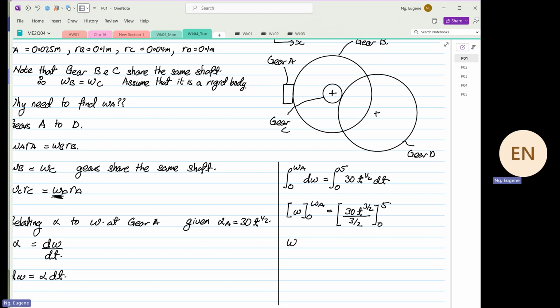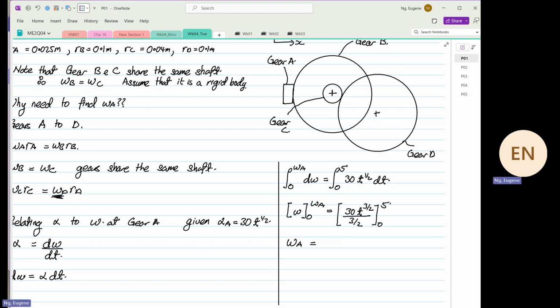So from here, we know that omega A is equal to, let me calculate it, 5 to the power of 3 over 2 times 30 divided by 3 over 2.